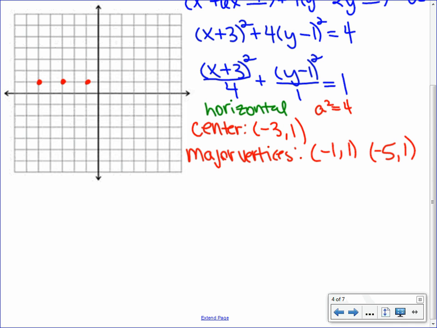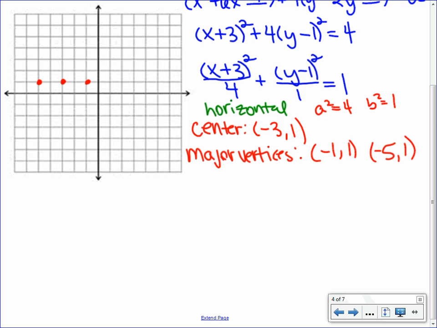Because that's where I plotted my point. Well, since a is 2, I moved 2 units horizontally from my center, because the 4 was with the x. X means horizontal. Now the 1 squared, or b squared equals 1, that's with my y.